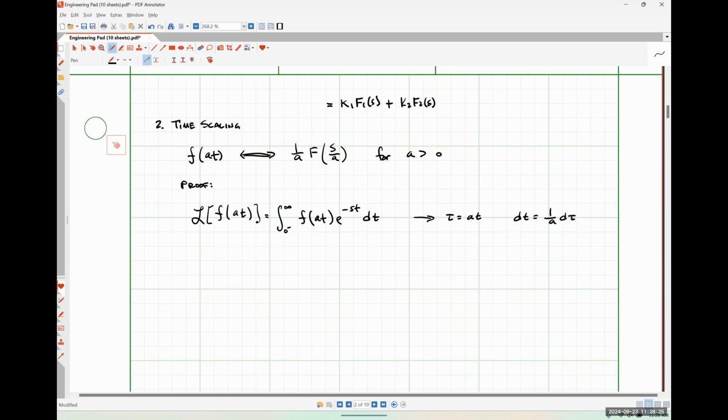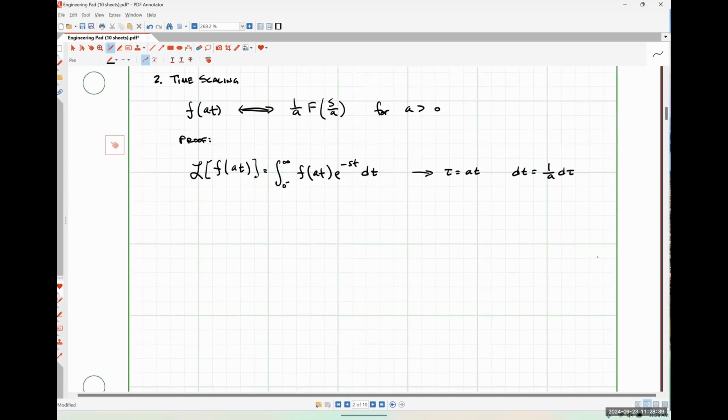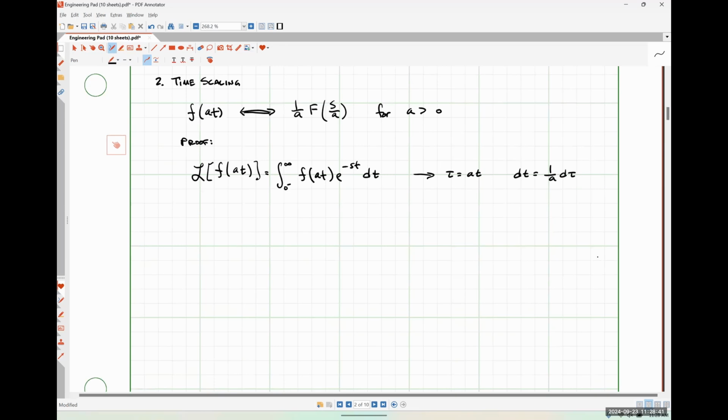Are we okay with that? So effectively, if I divide through by a on both sides, and I take the derivative of t, I'll get 1 over a. Okay, so from here, I can just substitute in for at.